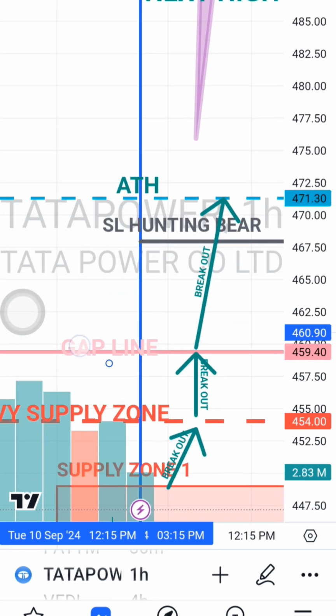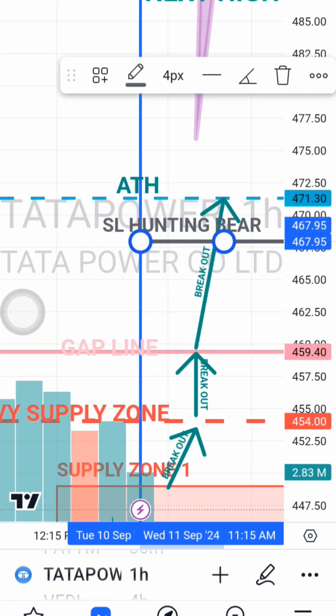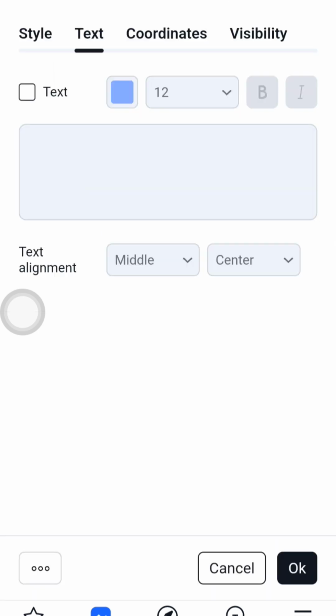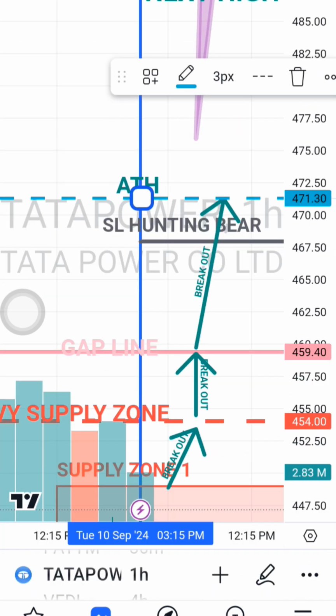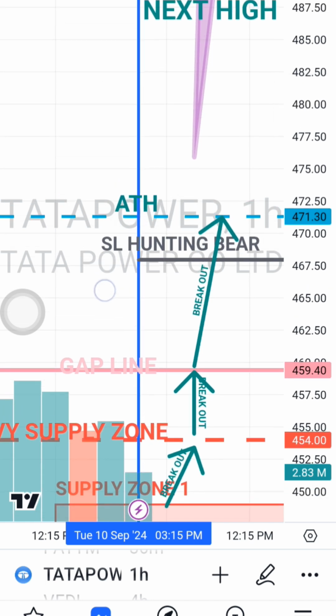Above gap line, there is a stop loss hunter waiting for you and all-time high. If breakout happens above the gap line with big candle and strong volume, then it may touch the all-time high.